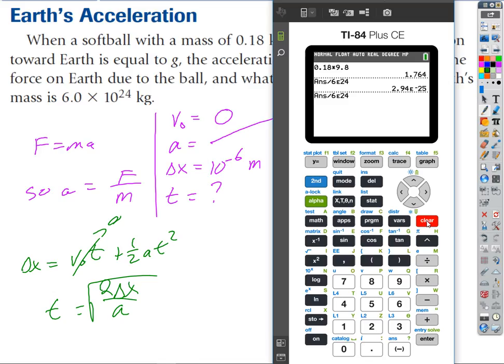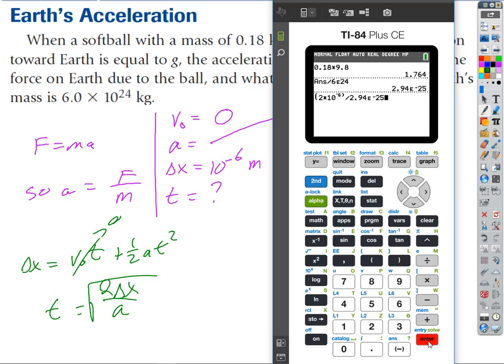I'm not going to use that fraction template, that's too hard. So we get the quantity 2 times 10 to the negative 6 divided by that guy. Much better.